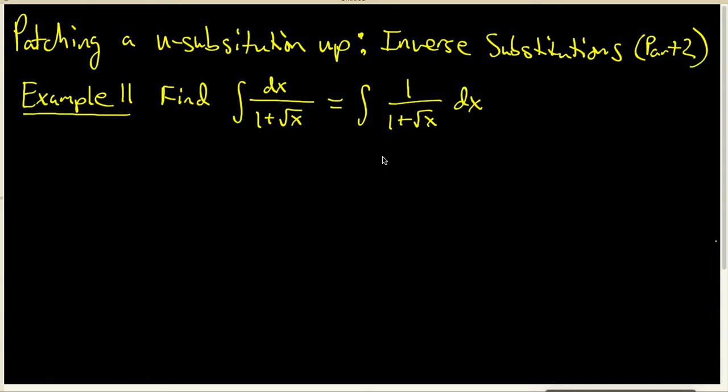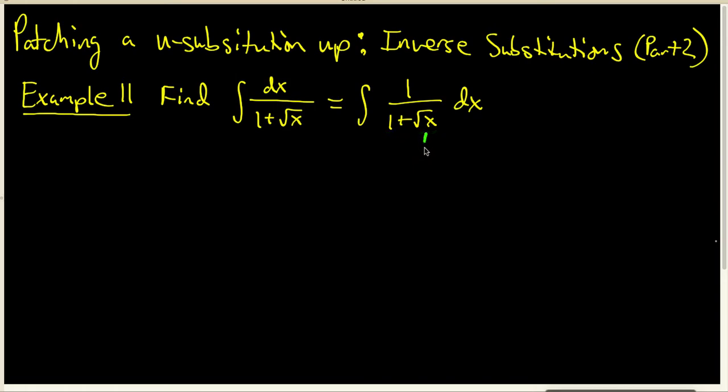And I want to analyze the integrand. If I look at the integrand, it's 1 over junk, but I do not have the derivative of the junk inside this integral. And so I know that if I try and make u equal to 1 plus the square root of x, I'm going to have some real problems with making everything work out.